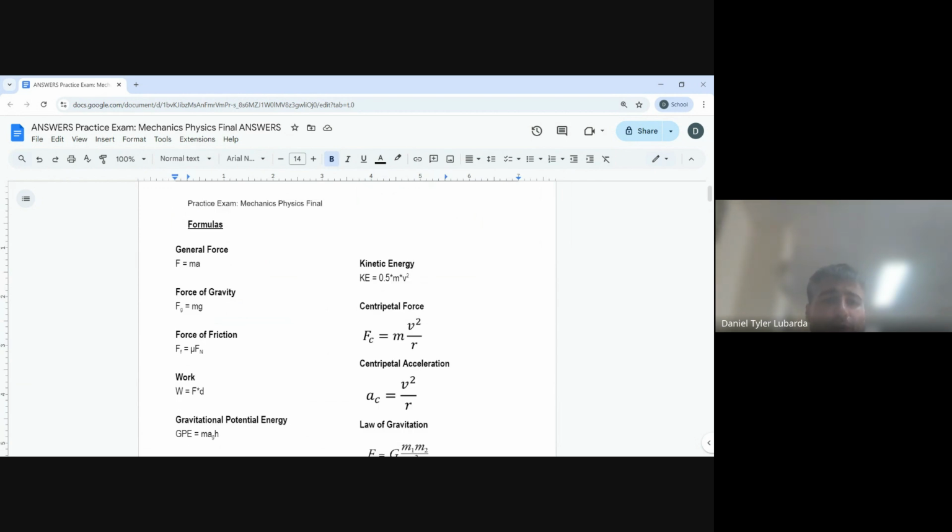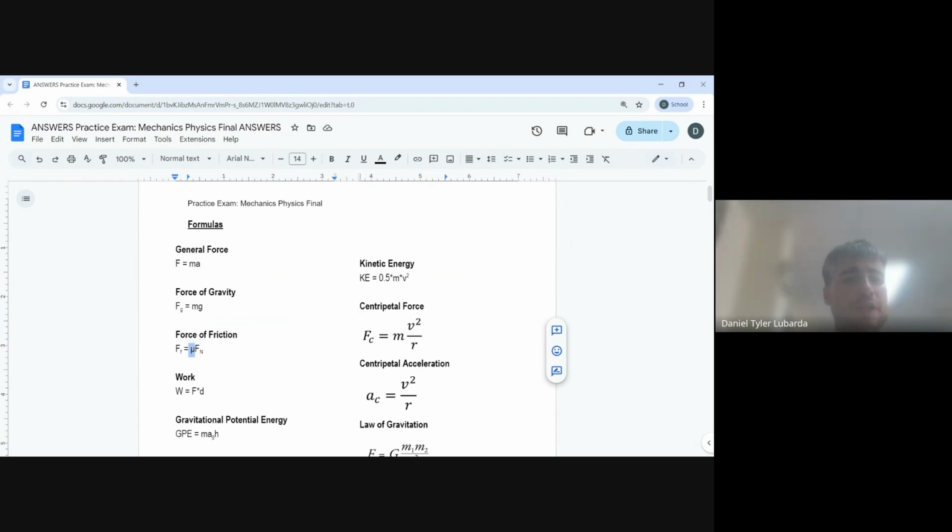So general force first, F equals ma. Force equals mass times acceleration. Gravity is the same thing, just the force of gravity is the mass of your object times the acceleration of gravity. Next, force of friction. The force of friction is equal to the coefficient of friction.